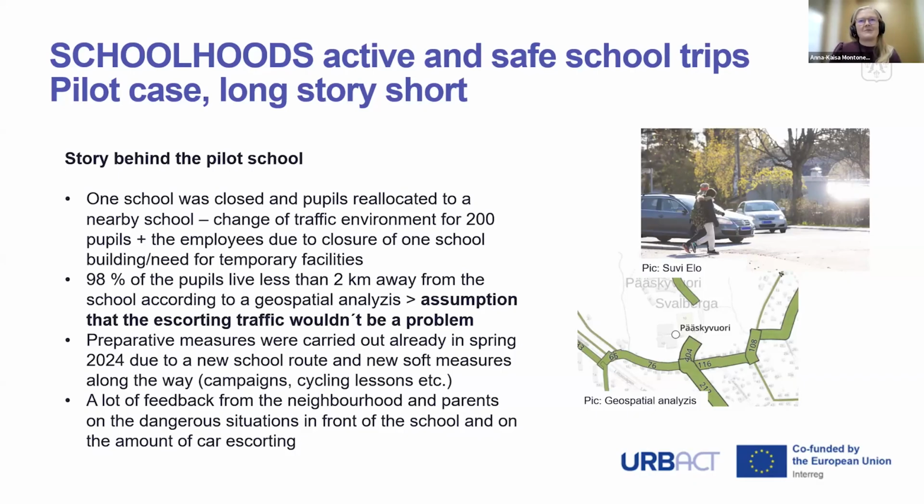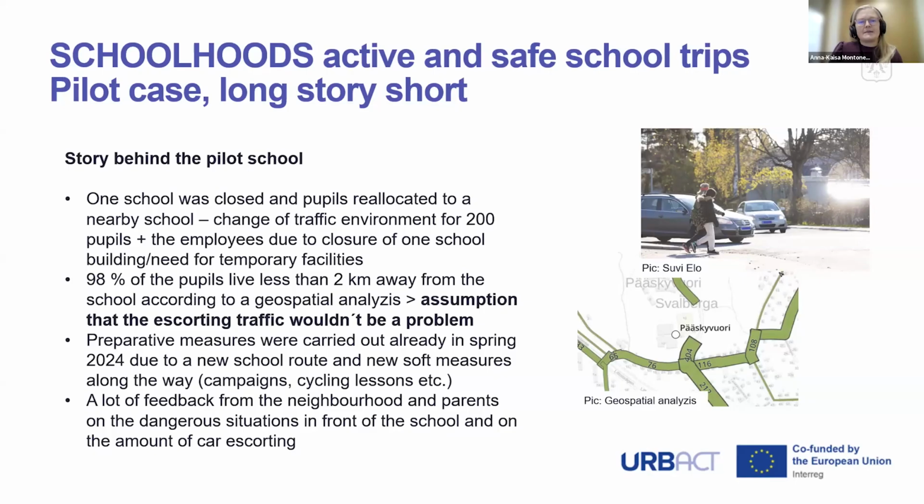We did some preparative measures also, like some informational days for the parents of the new school. We had some softer measures, teaching children some cycling and traffic skills. We had some campaigns also along the way.